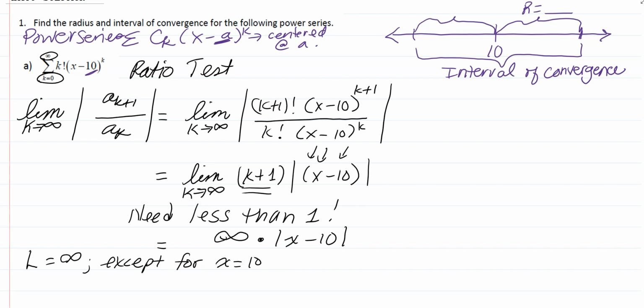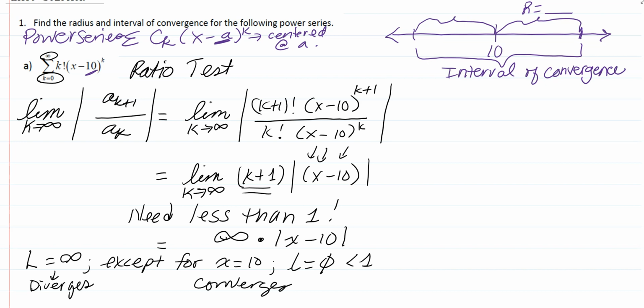But otherwise, your series will diverge. So except for x equal to 10, where the limit is 0, which is less than 1, the series converges at 10.